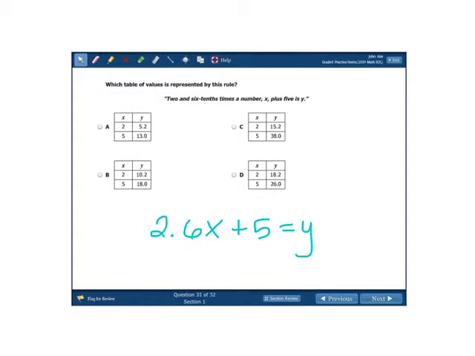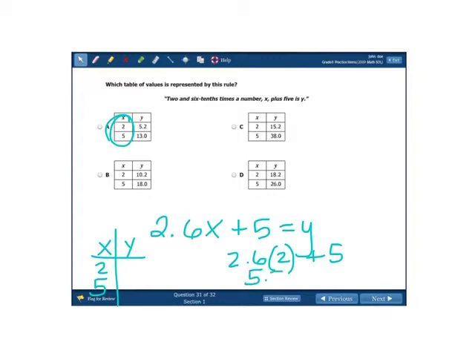Now what I would do is go through, because all of the tables have the same 2 numbers, and I'm going to make a table for my little equation that I wrote. And I can do that just fine on a calculator, but I'm going to write it out anyway so that I can see what I'm doing, and also so you guys can see what I'm doing. 2.6 times 2 plus 5. 2.6 times 2 is 5.2, plus 5 is 10.2.